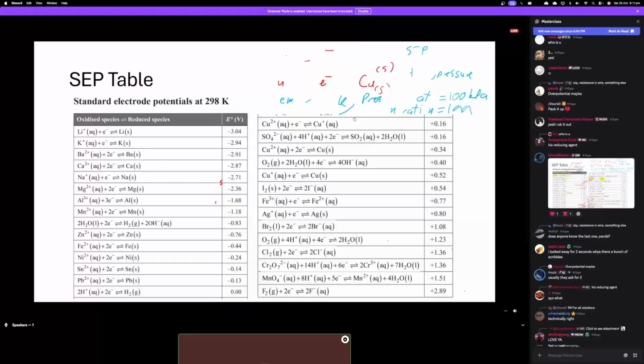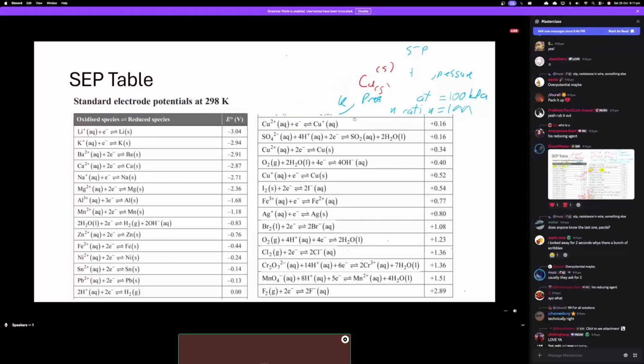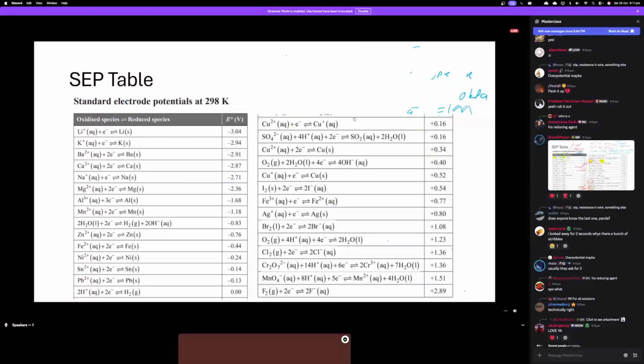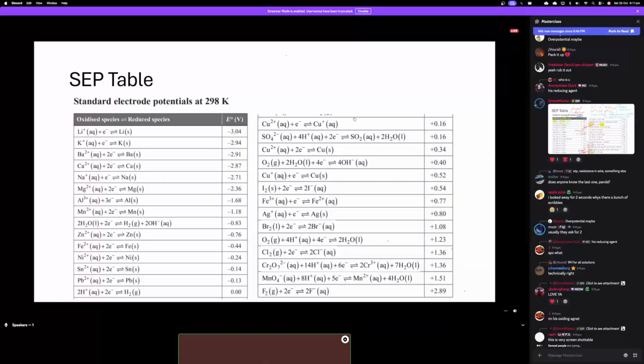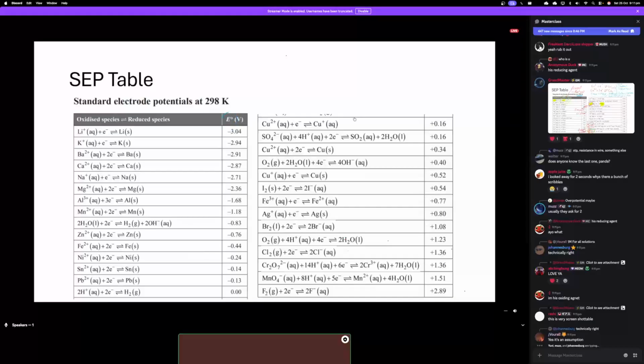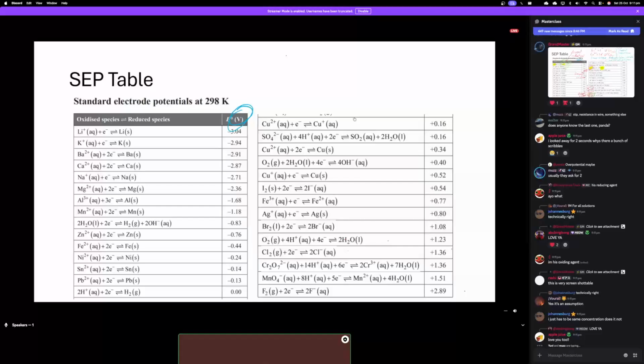I want to talk about one other thing with this table. You may have noticed on the side we have these E naught, or E degrees.